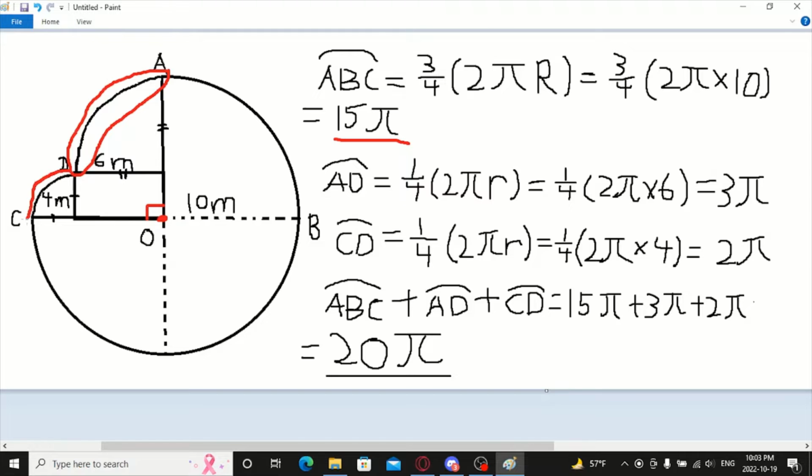First we'll talk about the arc A to D. The formula is 1/4 times 2 times pi times radius. Why is this equal to the length of this arc right here?